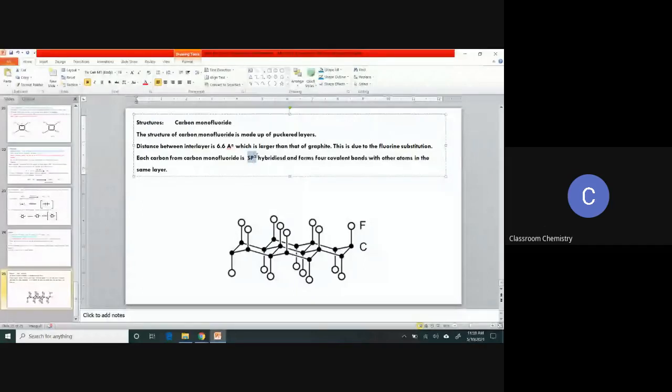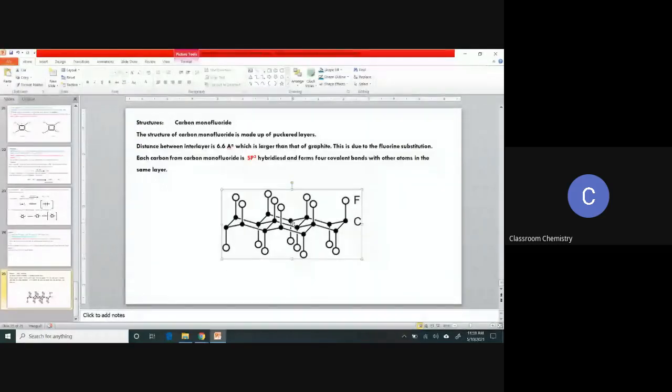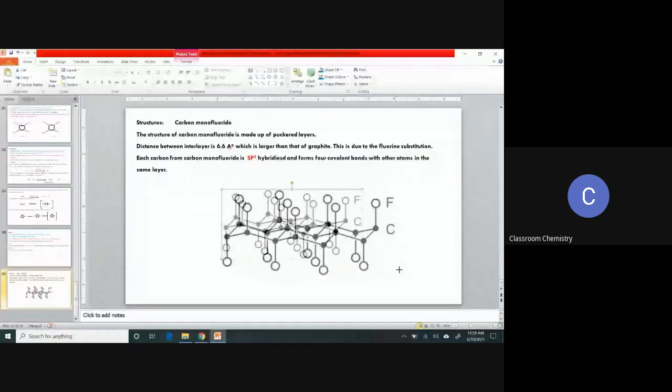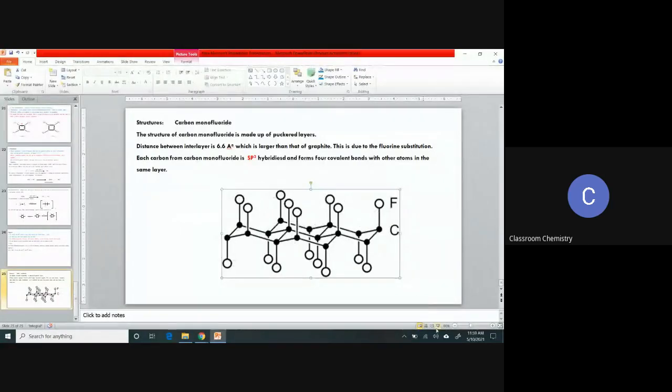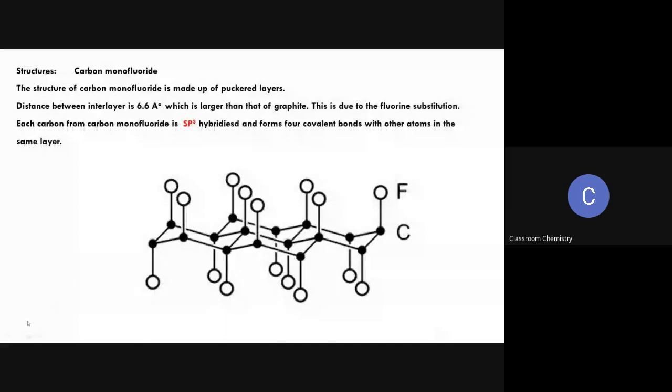Each carbon in carbon monofluoride is sp3 hybridized and forms four covalent bonds with other atoms in the same layer. For example, this is one layer, and in that layer, suppose this is an sp3 hybridized carbon atom.